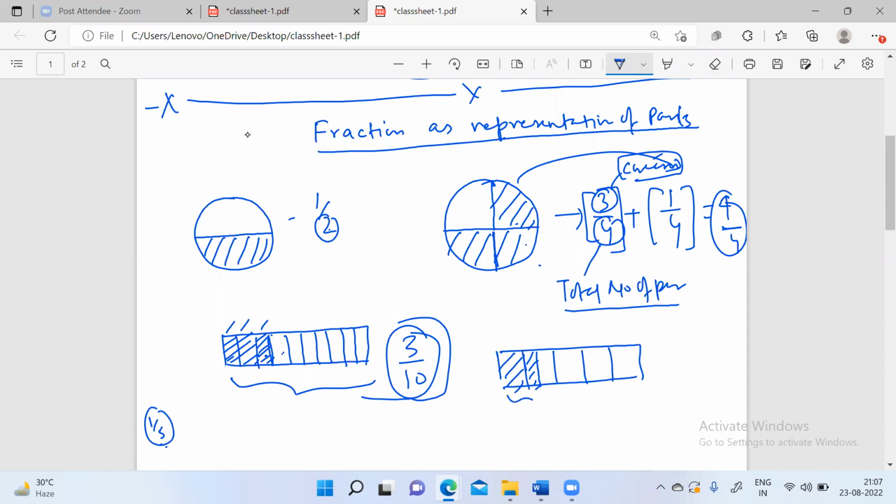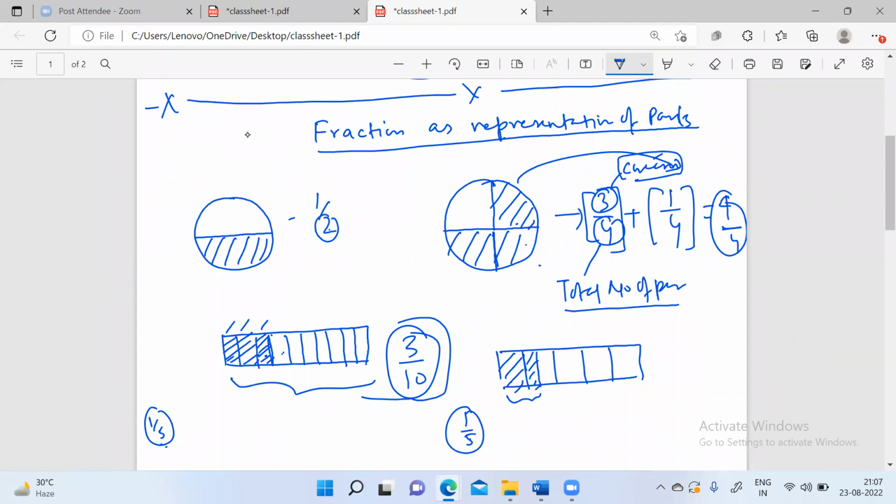Now I want to represent the entire dark part as a part of this entire figure. Since we cannot use the 1 by 5 fraction here, because if I do it in 5 parts, the other part is not a complete one.